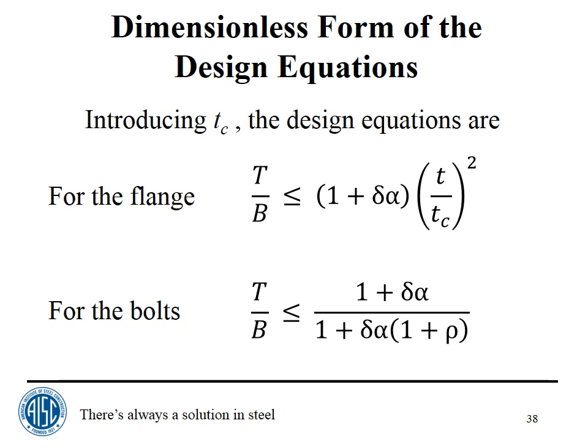T sub e equal to or less than 1 plus delta alpha times the quantity T over T sub c squared. That's for the flange, or the angle, if we were dealing with angles here. And for the bolts, T over B equal to or less than 1 plus delta alpha over the quantity 1 plus delta alpha times the quantity 1 plus rho.